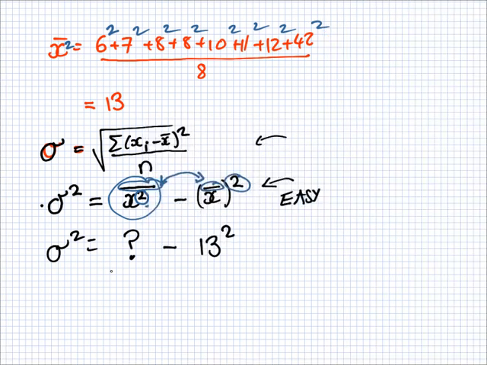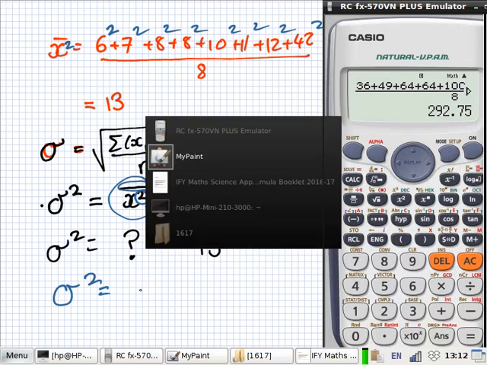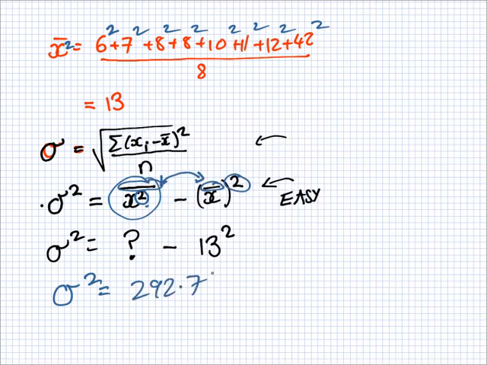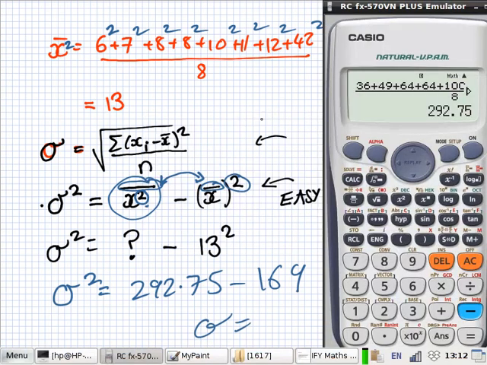Okay, so now I have sigma squared equals 292.75 minus 169. Okay, so now I've got my answer. Minus 169 and square root to finish. Square root my answer. And I'm left with 11.1.